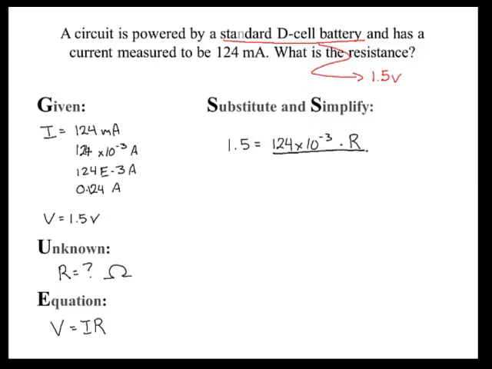So in order to get resistance all by itself on the right-hand side, I can divide by 124 times 10 to the negative 3. Cancel, cancel. Whatever I do to the right, I need to do to the left. That's 10 to the negative 3. And when I put this in my calculator, I get a calculator answer of 12.0968. And if I clean that up from Mr. Fay's class, I get 12.10 ohms.